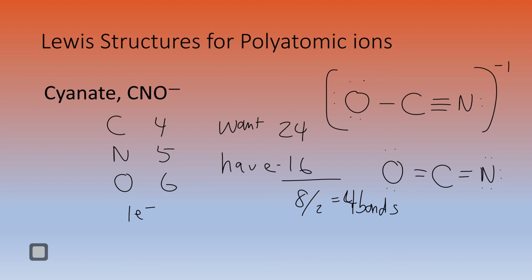Even if I look at this, let's double check this real fast. I have 2, 4, 6, 8, 10, 12, 14, 16, 18, 20. Do I have a total of 18? And so I think that's the other issue we run into, whether we have the correct number of bonds present there in some ways. So that's another thing to pay attention to with it.